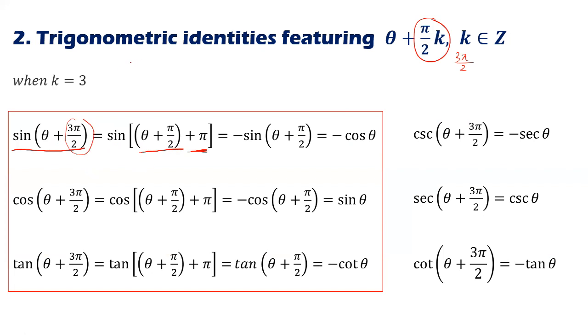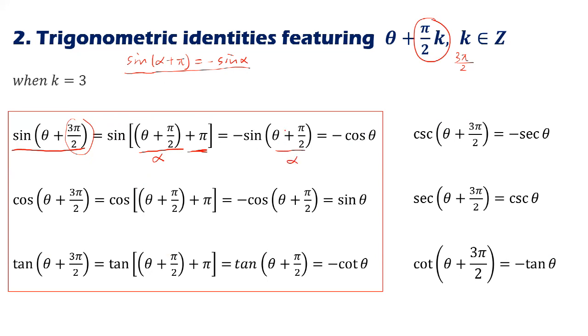And we already know that sine of alpha plus pi equals minus sine alpha, right? We have already proved this. So if you consider this angle here as alpha, sine of alpha plus pi is minus sine alpha.